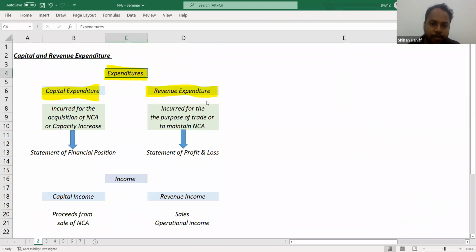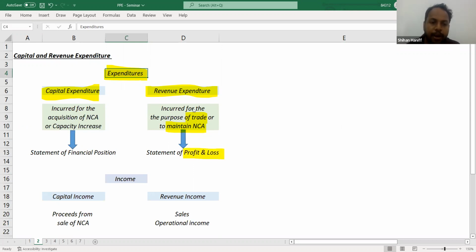Revenue expenditure means it is incurred for the purpose of trade or to maintain non-current assets. These are normally what we consider day-to-day expenses. So there are two purposes: incurred either for selling purposes or to maintain non-current assets, and this will be recorded in the statement of profit and loss, the income statement.